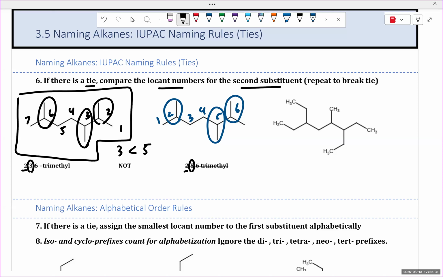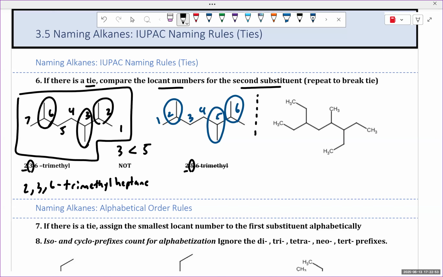We look at the next substituent in line. We have locant number 3 versus 5. 3 is less than 5. So we number using the numbering method on the left. So we name this compound as 2,3,6-trimethylheptane.